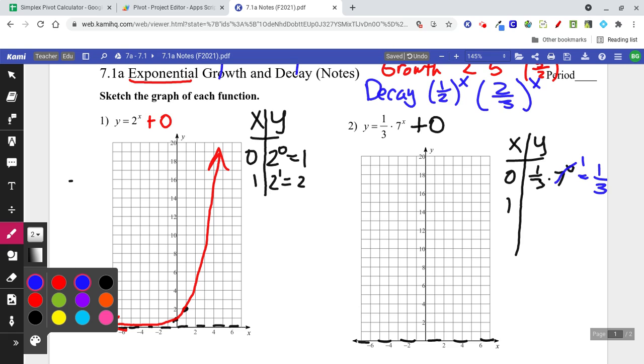That's going to be kind of hard to graph, but we can do it. Okay, zoom way in there. You've got to graph the point 0, 1/3. So eyeball that up and put it about 1/3 of the way between 0 and 1. Now, if we plug in 1, you'd have 1/3 times 7 to the first power.